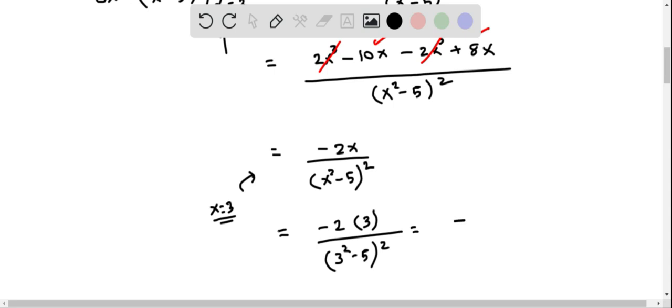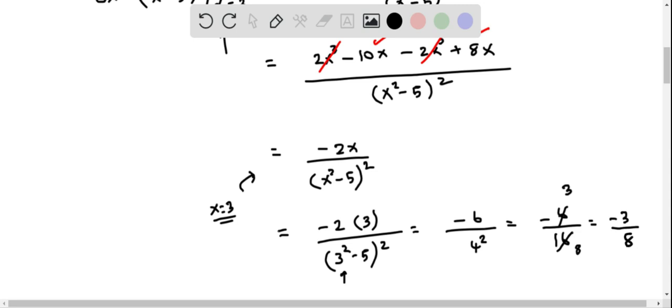Negative 2 times 3 is negative 6, over 3 squared is 9. So 9 minus 5 is 4, and then 4 squared. So this becomes negative 6 divided by 4 squared, which is 16. So this can be reduced to simple terms as 3 and 8; we have a common factor of 2. So therefore this equals negative 3 over 8.